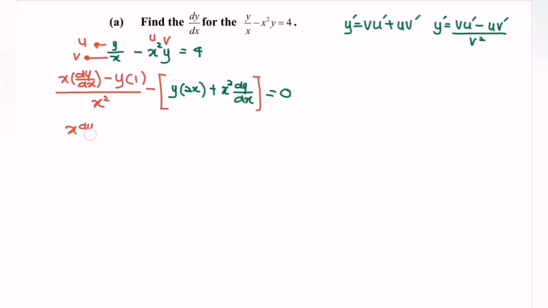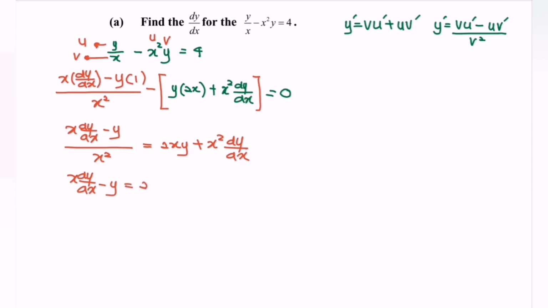x multiplied with dy/dx minus y over x squared is equal to 2xy plus x squared dy/dx. Multiply both sides with the x squared and we have x dy/dx minus y equals to 2x to the power of 3 y plus x to the power of 4 dy/dx.